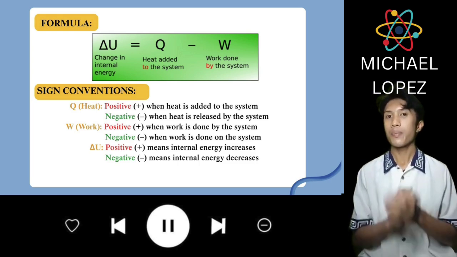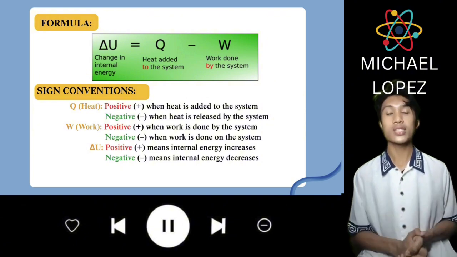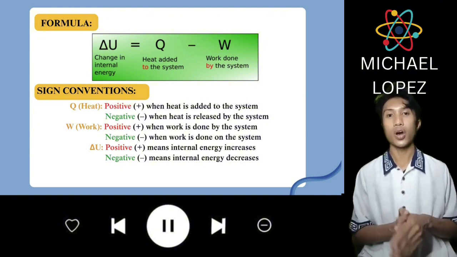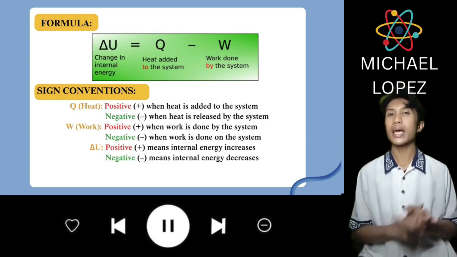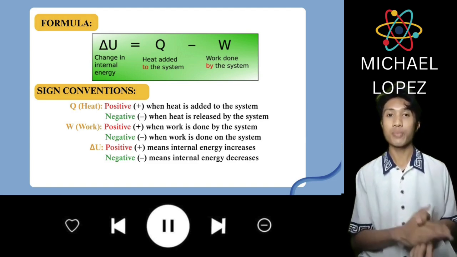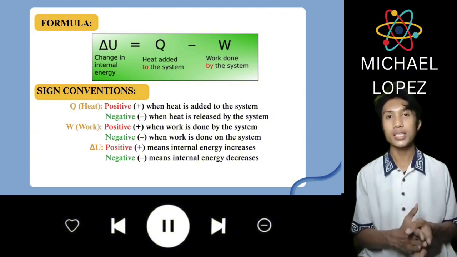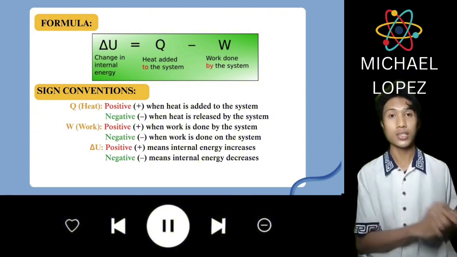Work is positive when work is done by the system and negative when work is done on the system. For internal energy, positive means internal energy increases, while negative means it decreases.